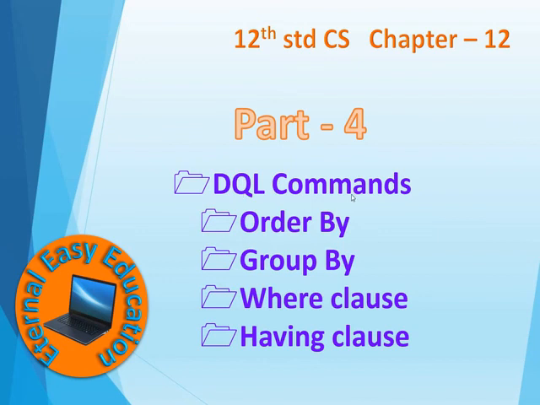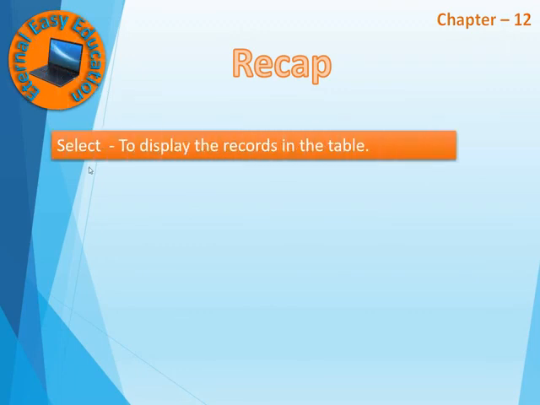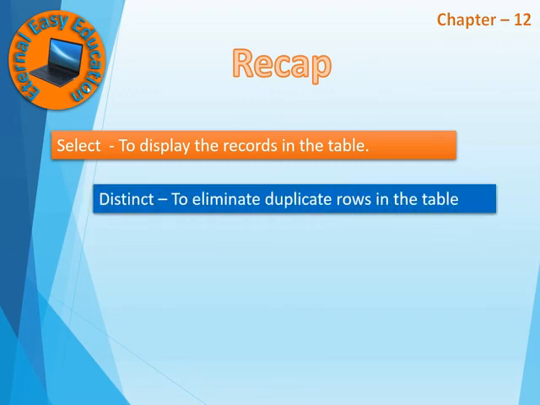So we have learnt SQL command, select command, using order by, group by, where clause, having clause, and also the keywords. Let's have a recap. So what is the recap? Select to display the records in the table. You know very well. Next, the keyword distinct to eliminate duplicate rows in the table.